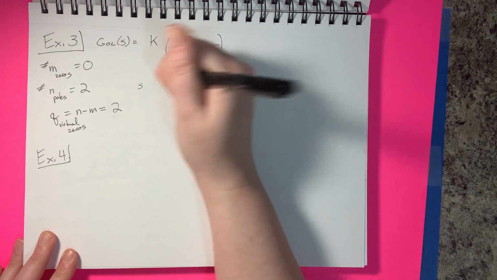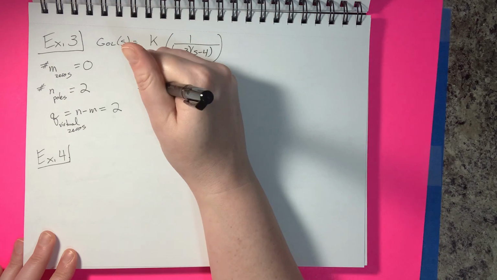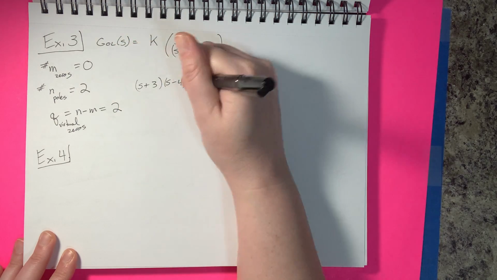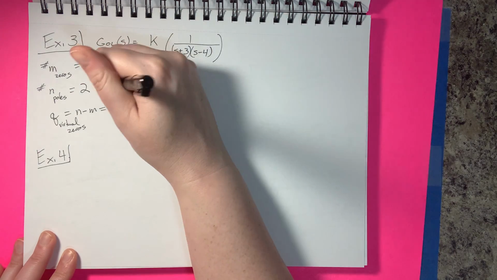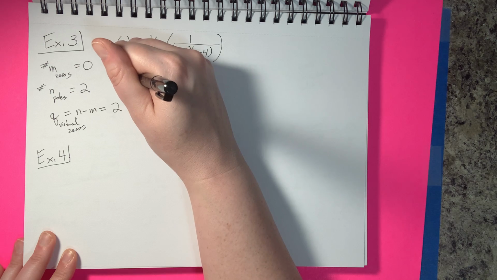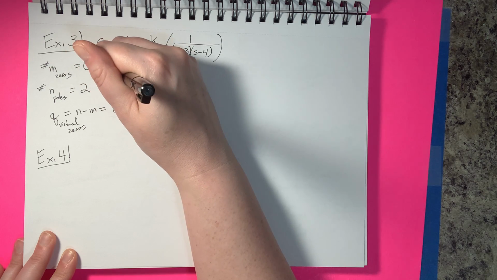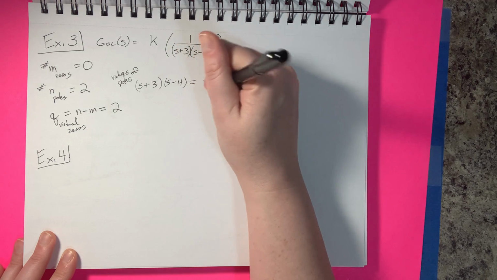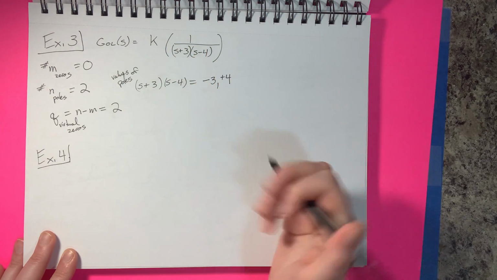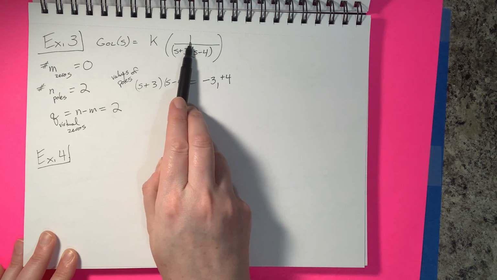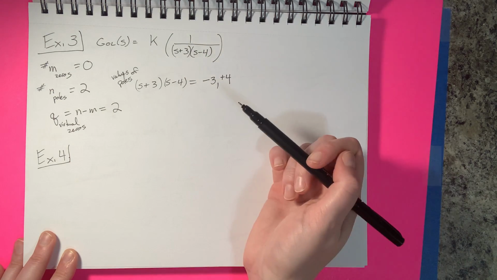So we solve s plus 3, s minus 4, and I believe these are the same as the last example. So we have a -3 and a +4. So we don't have any zeros, so we have nothing to solve. We can't set 1 equal to 0 and solve anything.